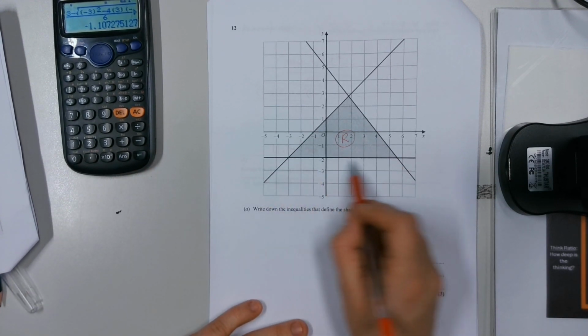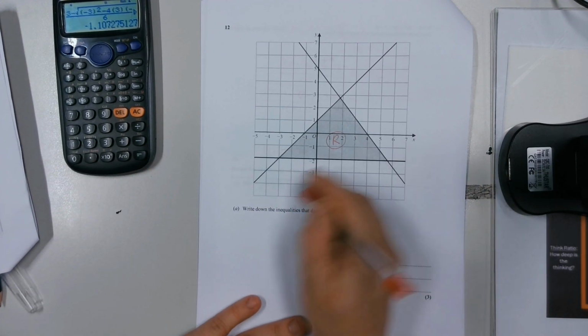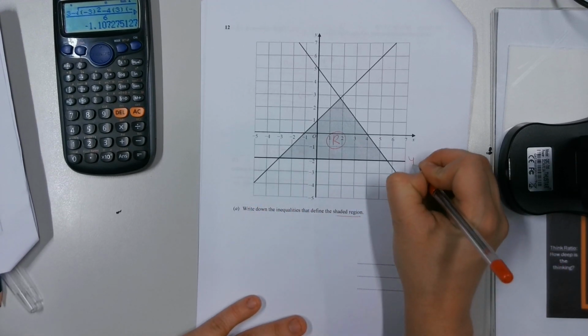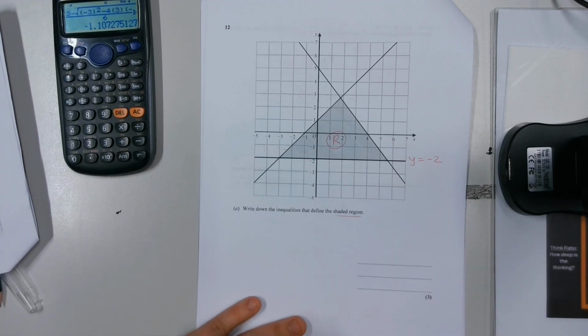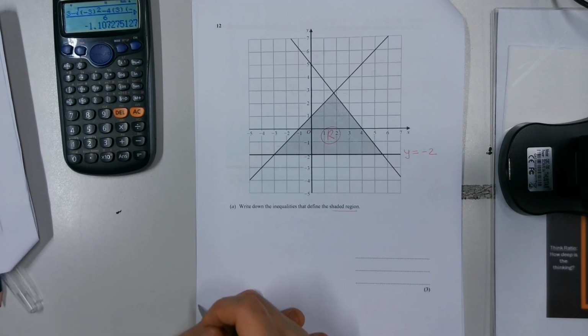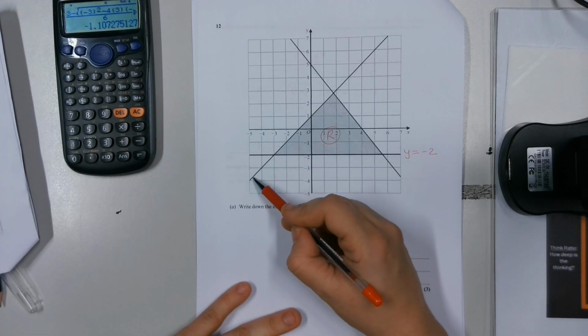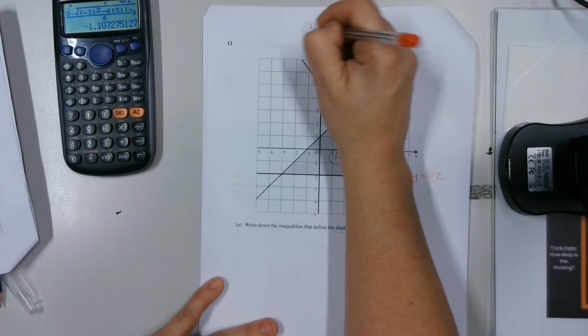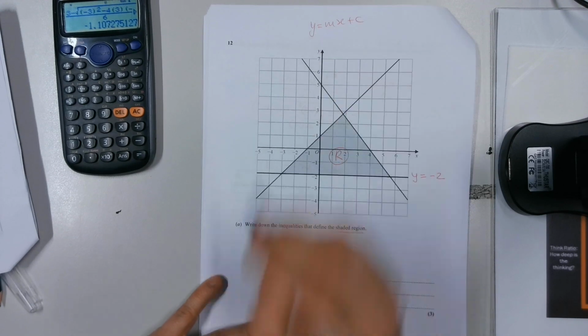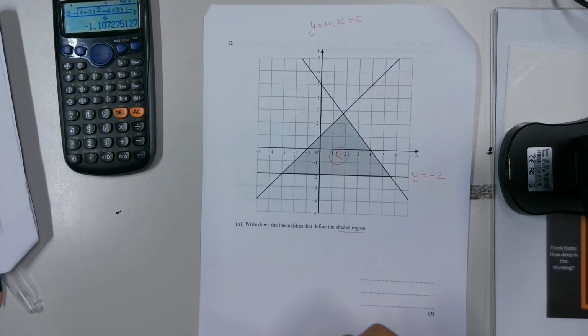So first of all, this one is the easiest one. Because it is a horizontal line, it's going to be y equals, and because it's going through minus 2, it's going to be y equals minus 2. Now, this other line here, we know that any straight line is going to have an equation y equals mx plus c, where m is my gradient, c is my y-intercept.